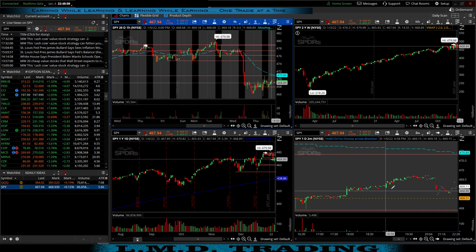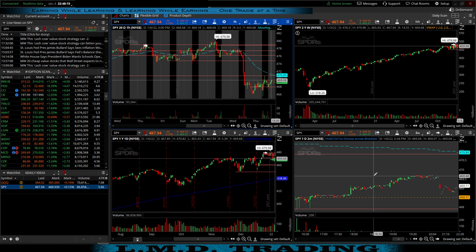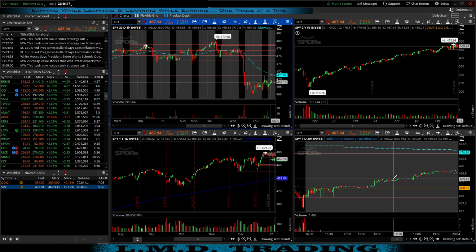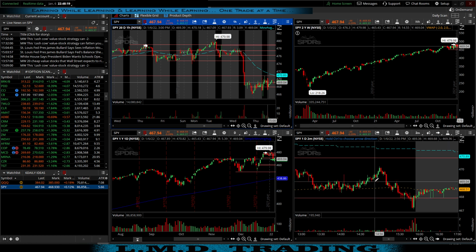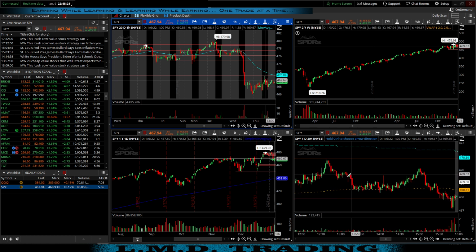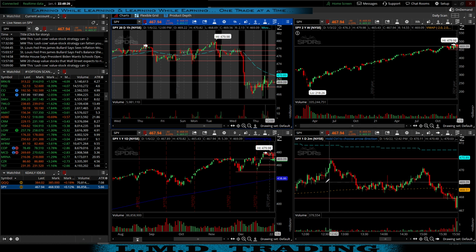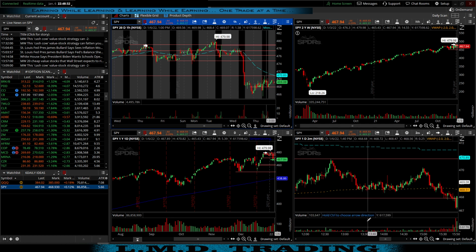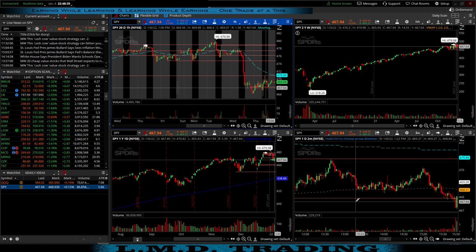And then below that one, we have the 2-minute, and the 2-minute has the after hours turned on as well. Pretty much seeing all of the after hours here. I'll scroll it over a little bit, and you can see actual market hours here, which is black. On this chart, I have the VWAP, which is another widely used indicator on charts.